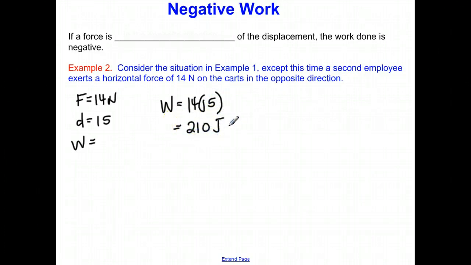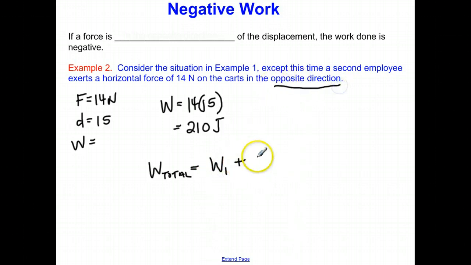And now we just want to know what the total work done is. So if we think of work total is equal to work 1, which is in a positive direction, let's say, plus the sum of any other work, and this one's in the opposite direction, so it's working against it, it's going to be a negative.